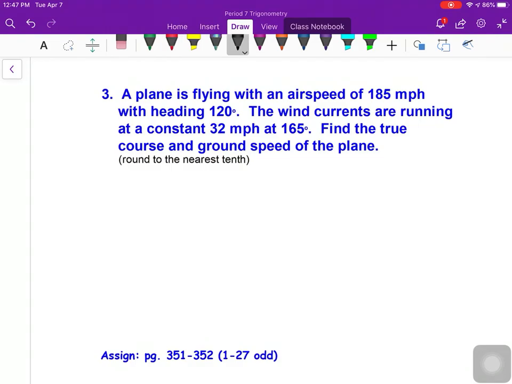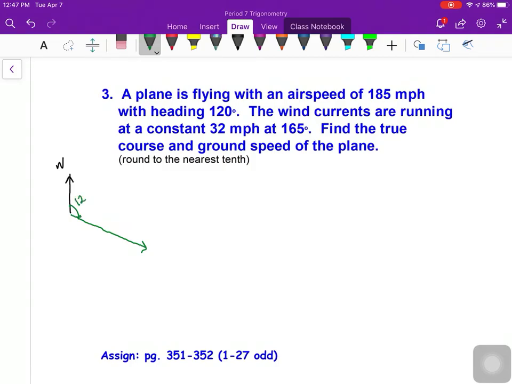This last problem is an application problem, and it's an application problem where we have to use the law of cosines. Now it's a navigation problem. Since it's navigation, we'll begin with a north line. Our original path is 185 miles per hour at 120 degrees.